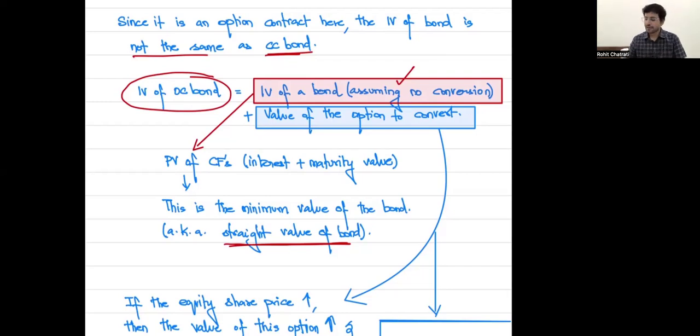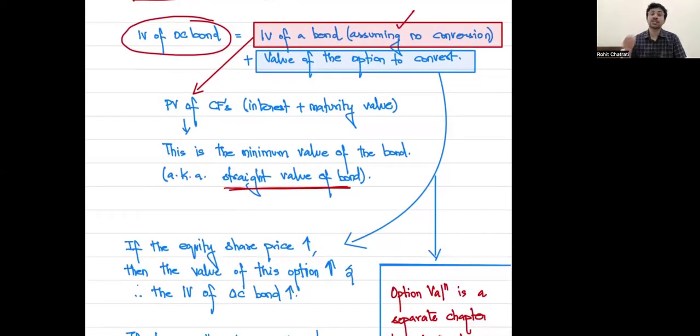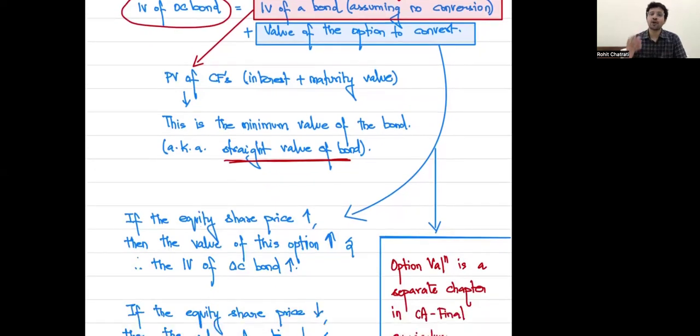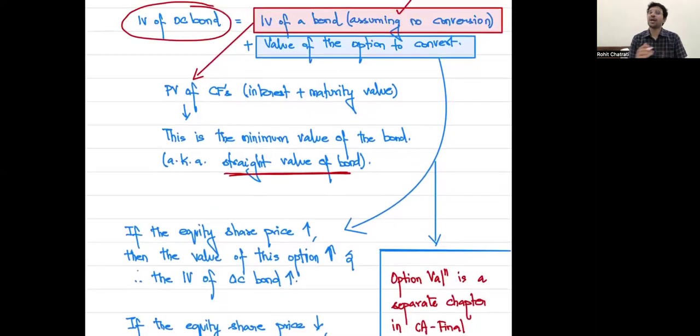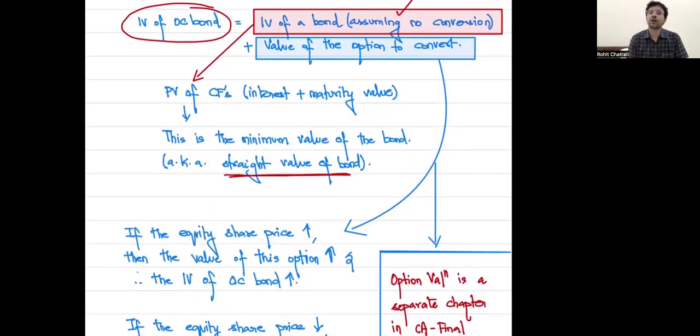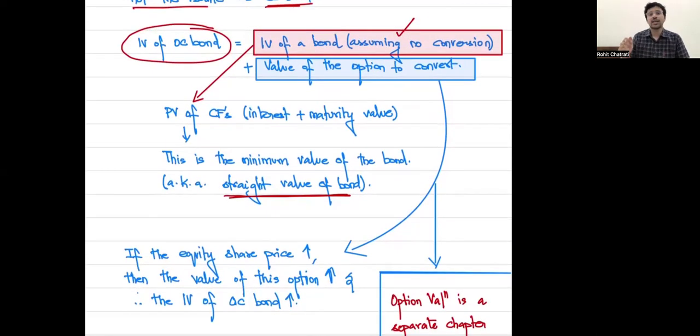In fact, valuation of options is a separate chapter. You have option valuation as a separate chapter in the CA Final curriculum, where we will see how option contracts are valued. It is outside the scope of this particular chapter. ICAI has not touched upon how to value options in this chapter, and it is not even shown how to value the bond.